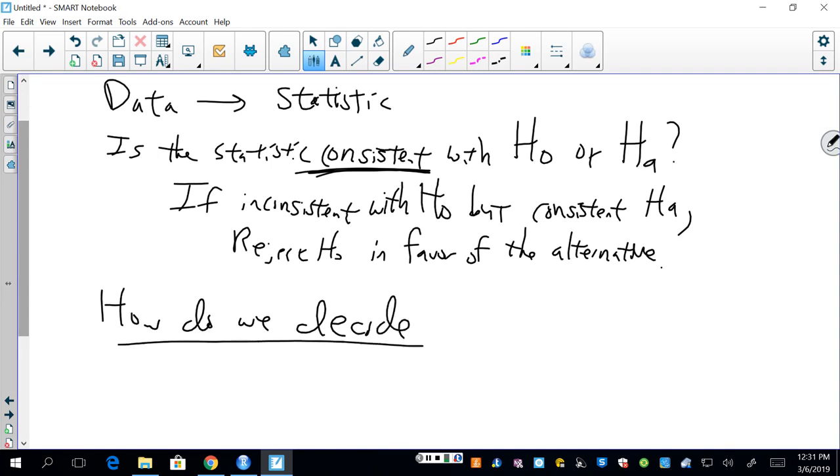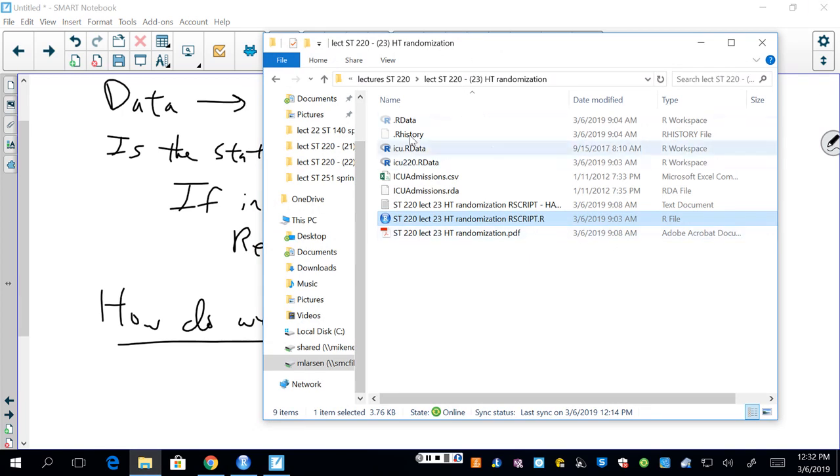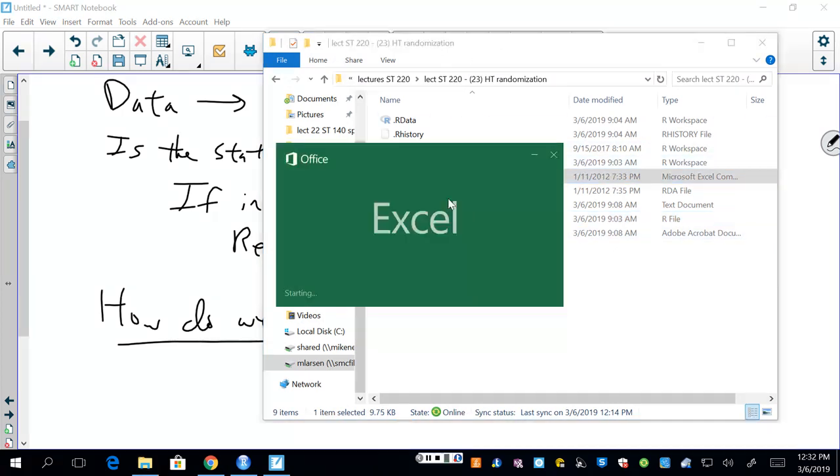So let's look at one example that's on the handout. Does everybody have a copy of the handout? So we're going to look at this data set. This is a data set on admissions to an intensive care unit.